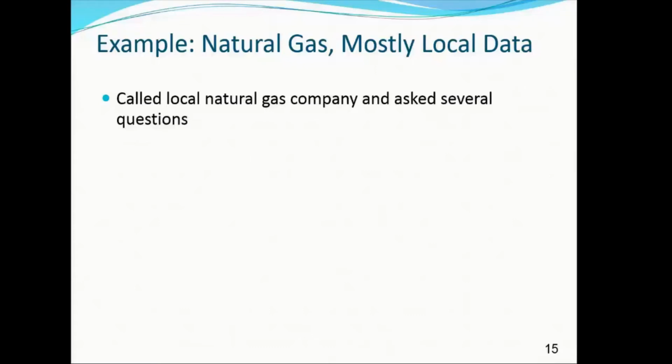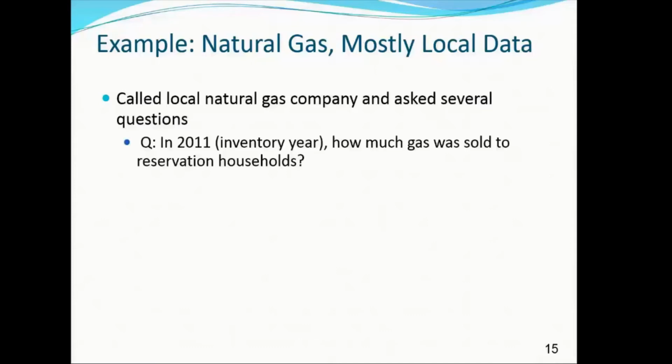In this example, the person called their local natural gas company and asked these questions, which they found out by looking at the TEISS calculator for what's required. For this example, they're doing a 2011 inventory. So they asked, in 2011, how much gas was sold to reservation households?